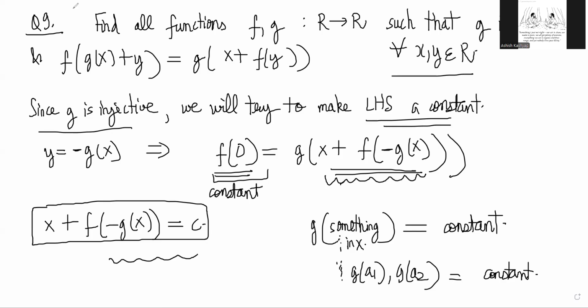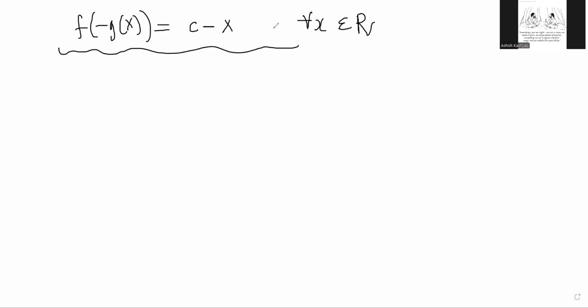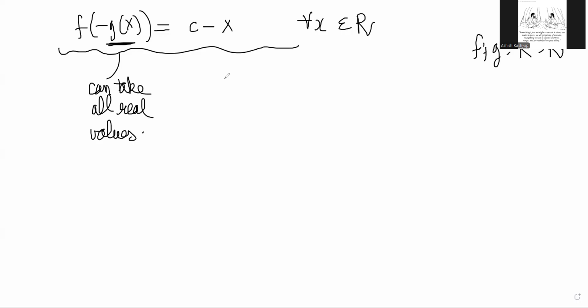So now what we are getting is f of minus g of x is equal to c minus x for all x belongs to real. This is the condition we have. Now, if you think about it, the g function here can take all real values, because g and f were both defined from R to R. Here the right hand side can also take all real values, because x is a variable, it can take any real value.